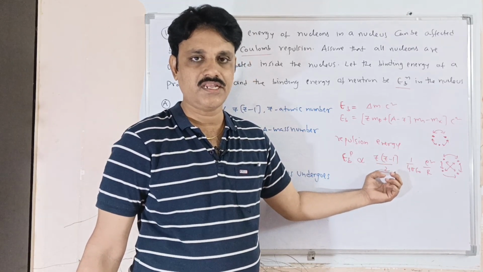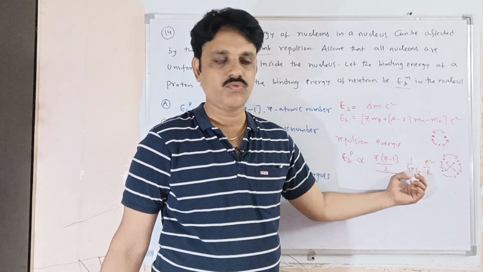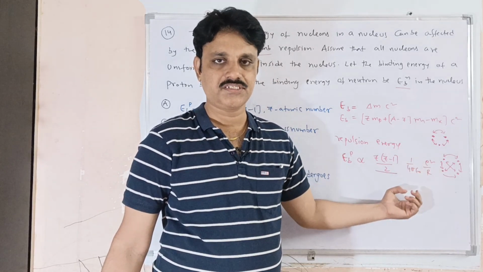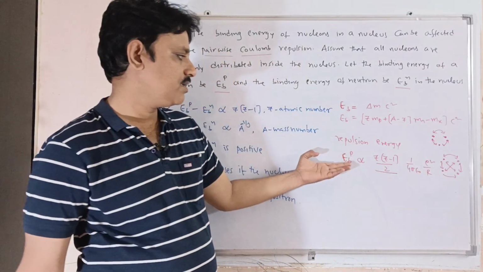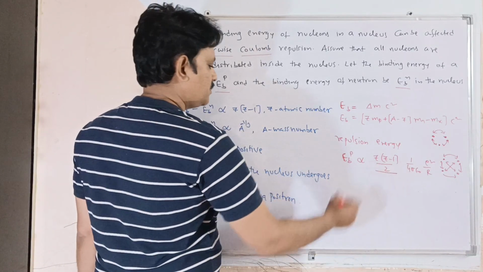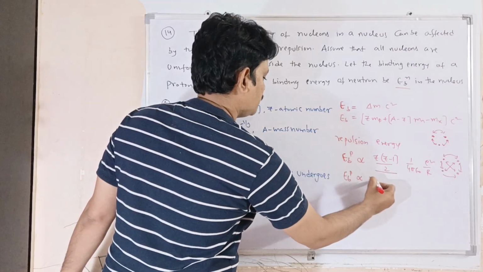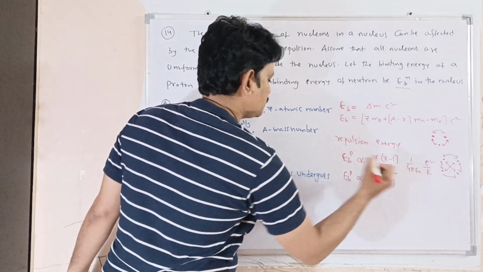The energy for each pair is 1 by 4 pi epsilon naught E square by R, where R is the radius of the nucleus. So the total energy is proportional to this factor, and finally EBP is proportional to Z into (Z minus 1).